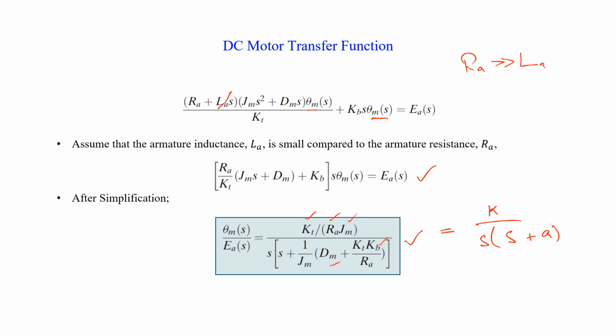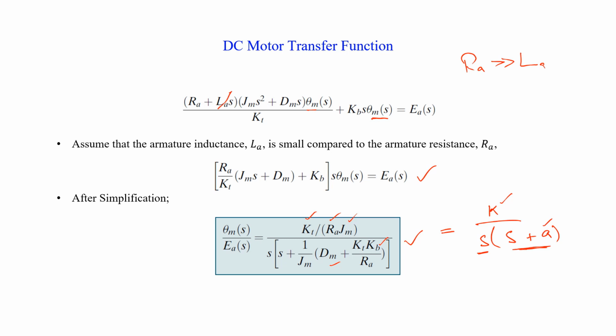If we look at this transfer function closely, the motor transfer function has two poles, one at s equals 0 and the other at s equals minus a, and there are no zeros for this transfer function. So once again, the K and the A are some constant values depending upon the motor coefficients or constants.